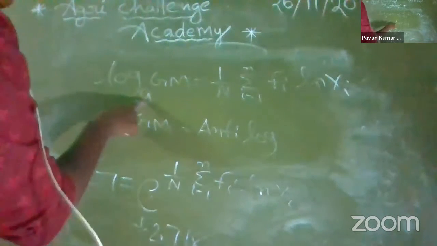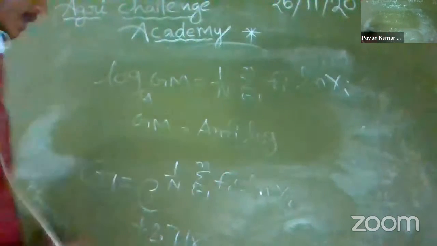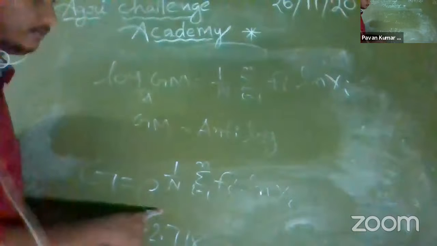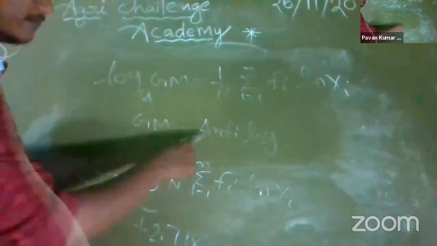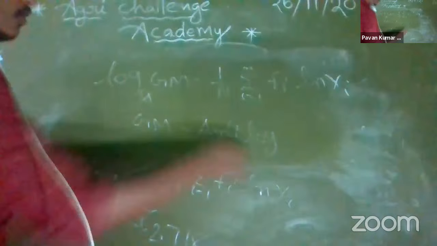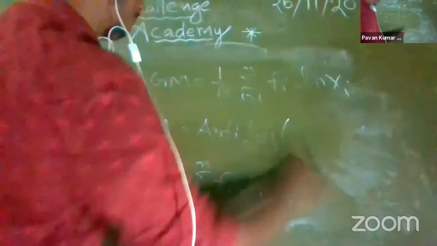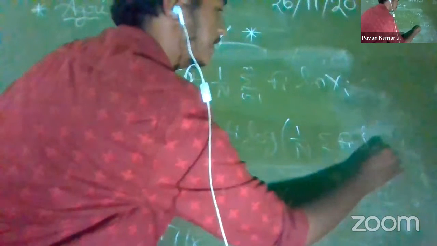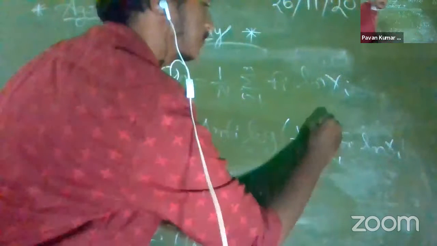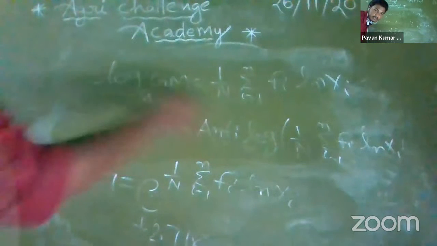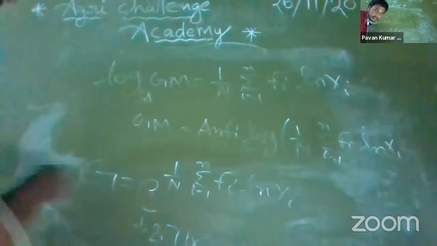Here we specified natural logarithm, that's why it is converted into e.